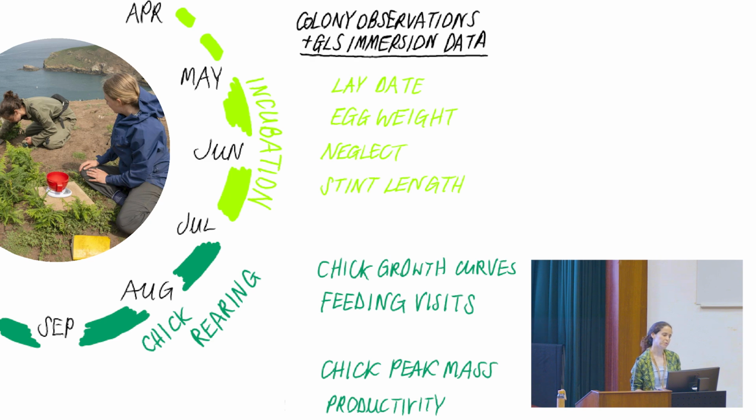And so from colony observations and from immersion data, we were able to look at lay date, egg weight, the likelihood of neglect, and incubation stint length. And then during chick rearing, we have data on chick growth curves, so how steep they are, the number of feeding visits that the adults make, and the chick peak mass, which is a good predictor of recruitment, and then overall productivity.